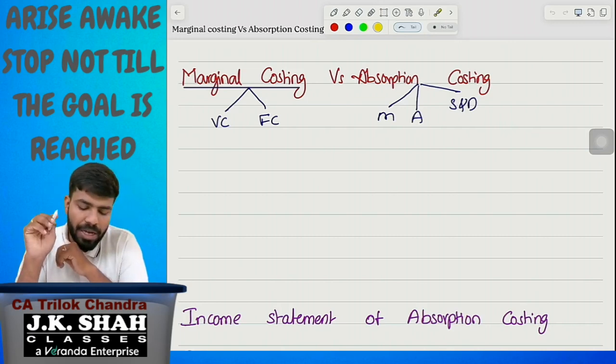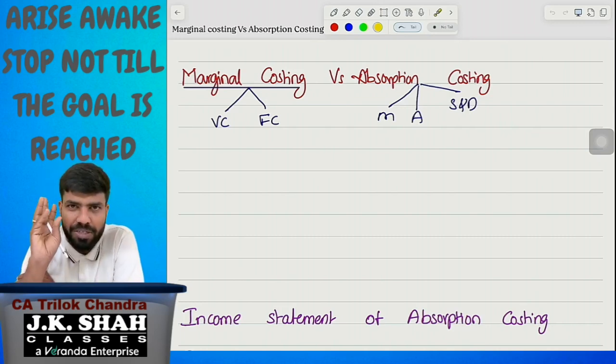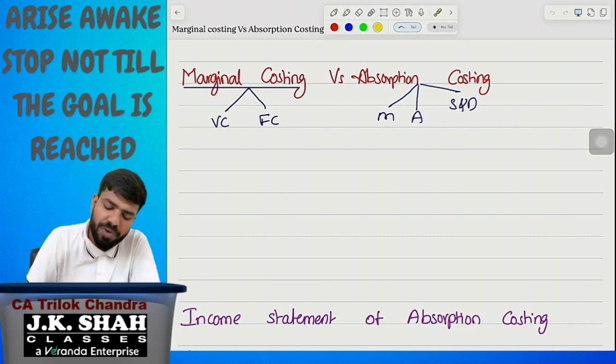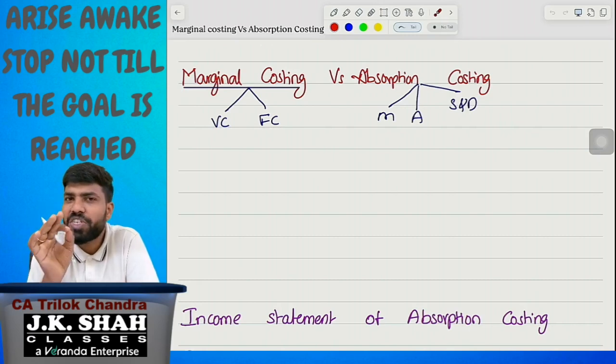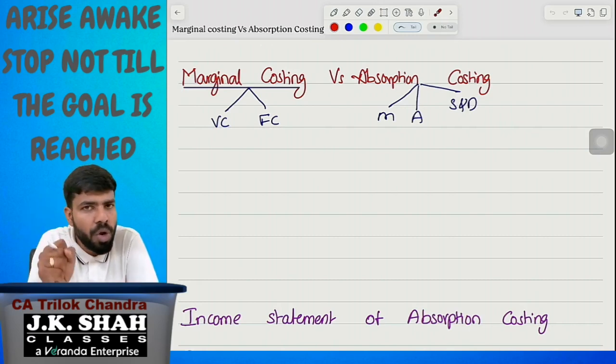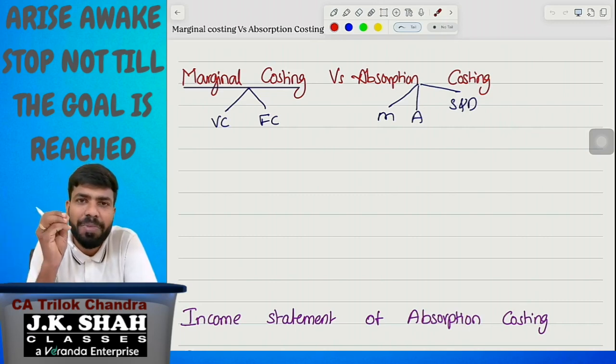Okay, now let us start with the concept called marginal costing versus absorption costing. So please understand. First, what we need to understand here is, what is the purpose of marginal costing? The purpose of marginal costing is decision making. The main goal of the marginal costing system is decision making.